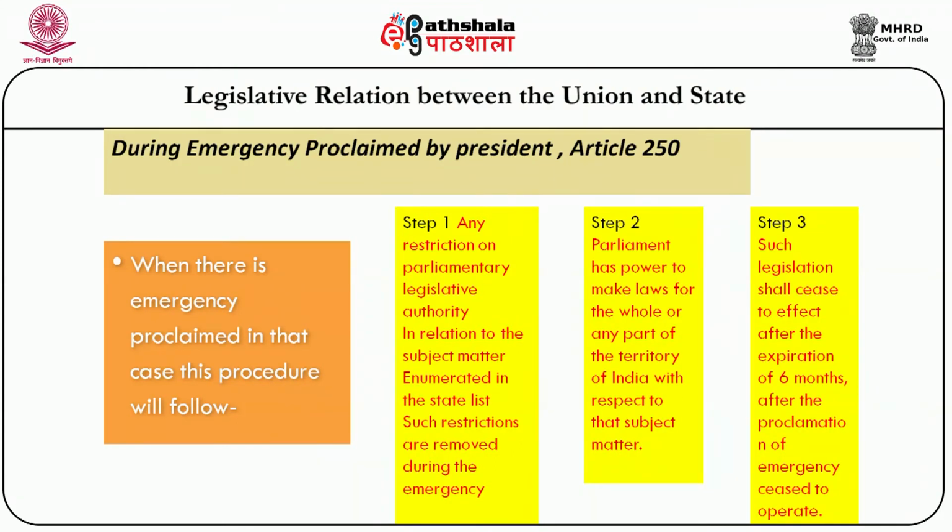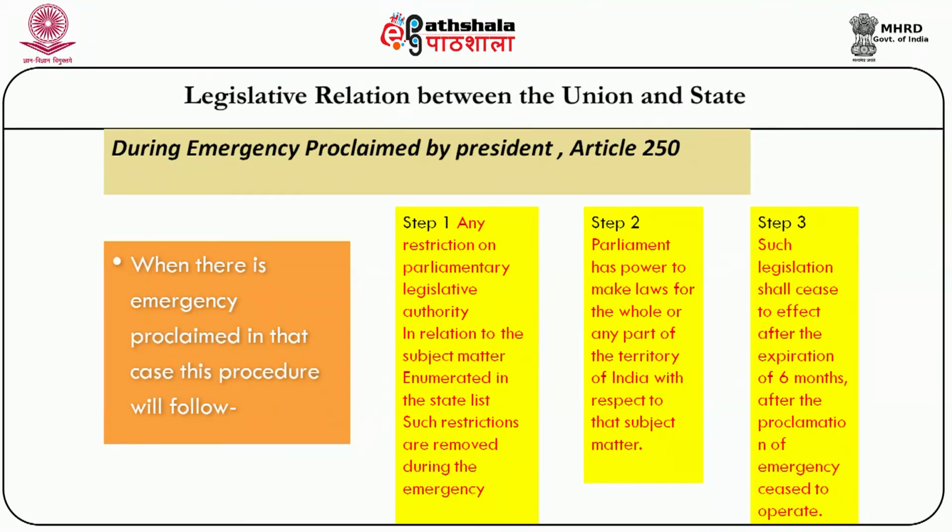In the second step, Parliament has power to make laws for the whole or any part of the territory of India with respect to that subject matter.